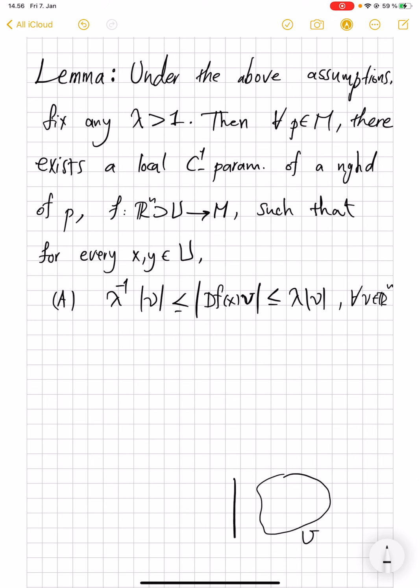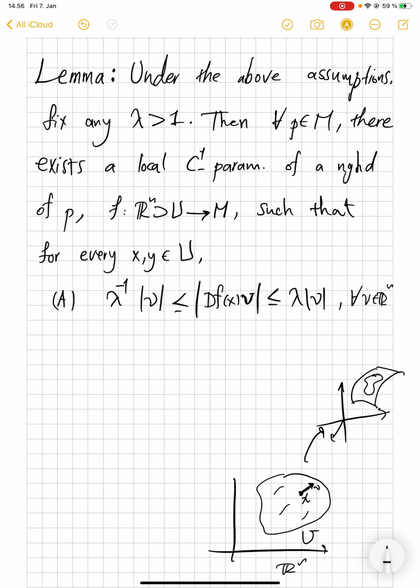So here's U living in Rn, and we have the map going into the manifold. So at every x, the derivative is kind of an isometry.